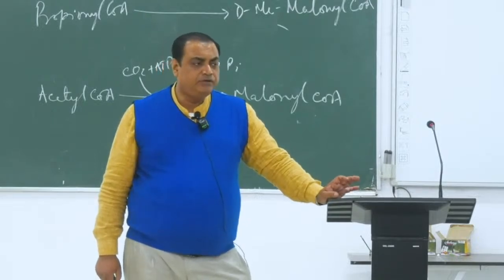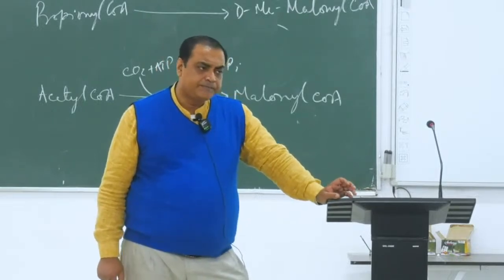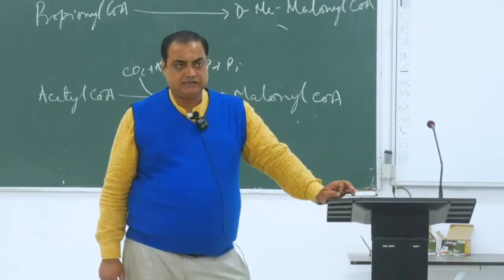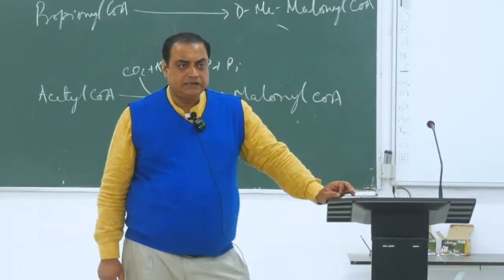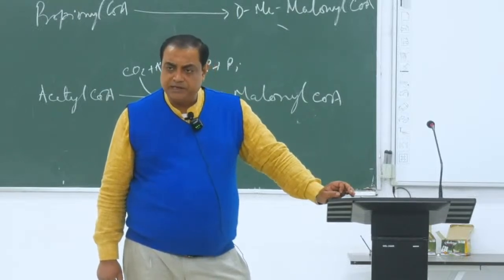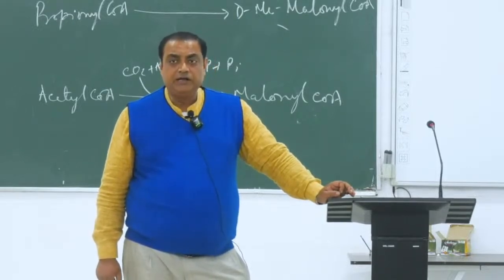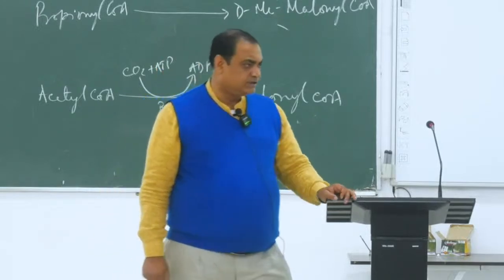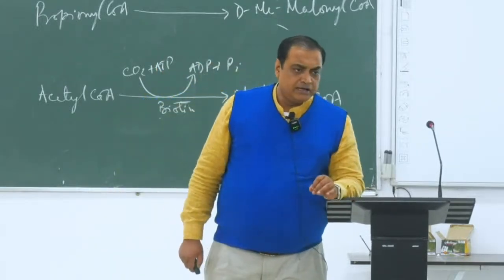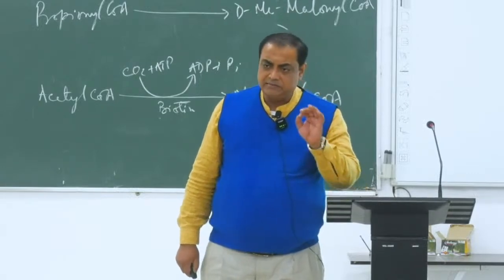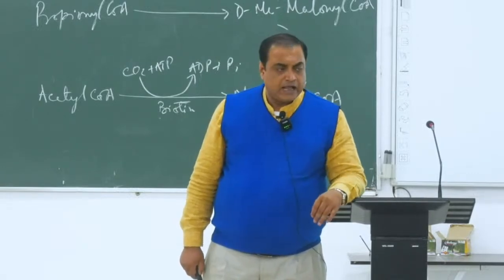And why will we have PLP deficiency? Because of the effect of certain drugs. There are certain drugs which require vitamin B6 or PLP for their detoxification. If you consume certain drugs, they require B6 for their detoxification, which takes place mostly in the liver.